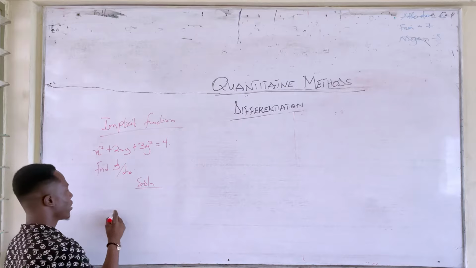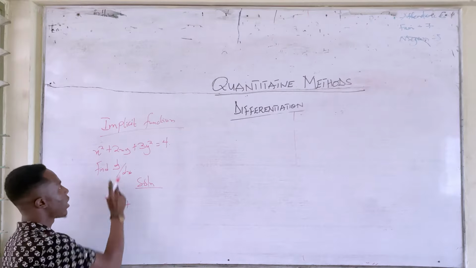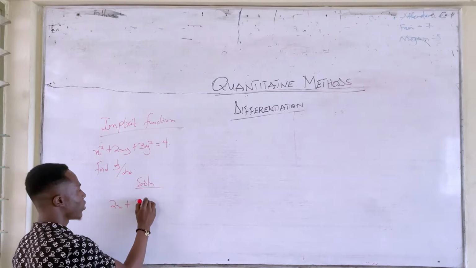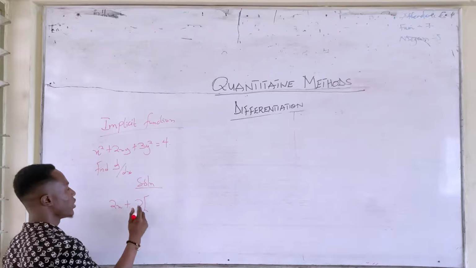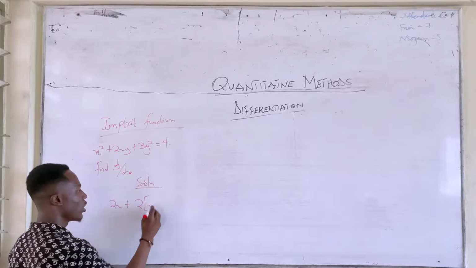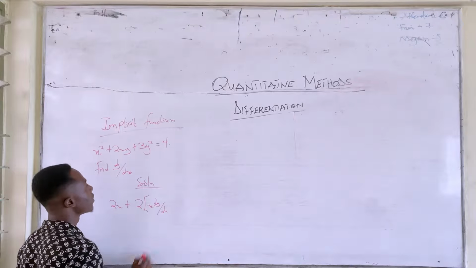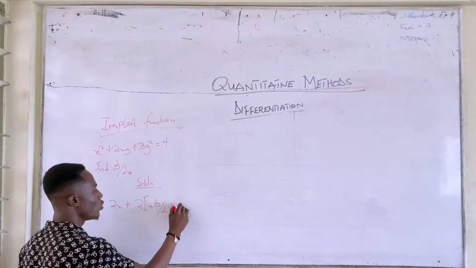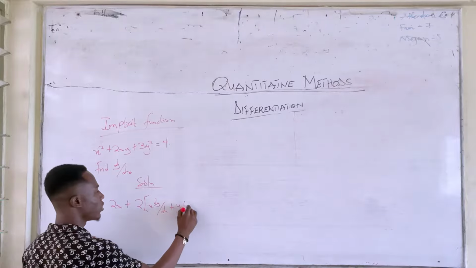Let's differentiate this to get 2x, plus, now this one, the 2 stands outside. So product rule, you hold one constant, you differentiate one. So you hold x constant, you differentiate y to get dy dx, plus, now you hold y constant and you differentiate x. And when you differentiate x, you get 1.